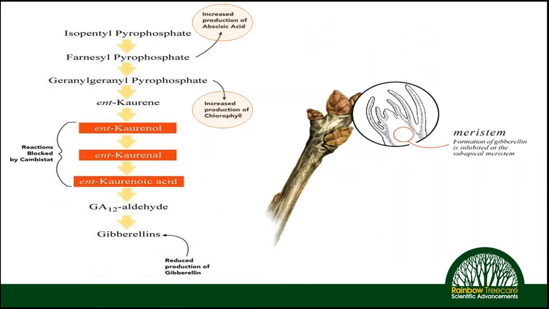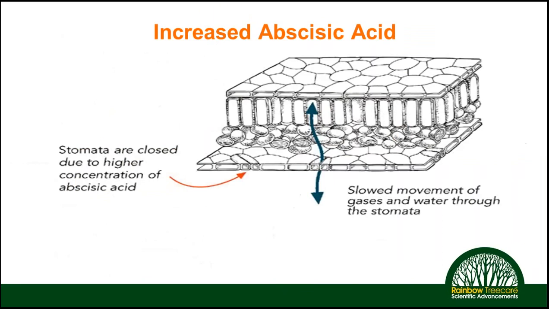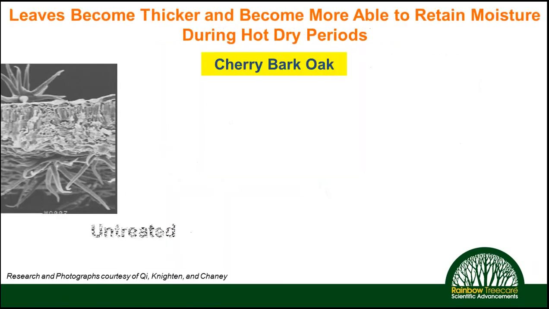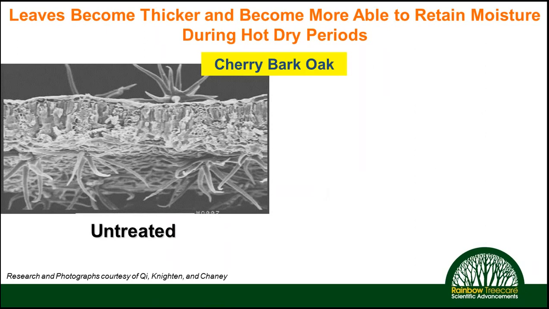Drought stress. One thing that abscisic acid does, it will actually close those stomates due to that higher level of abscisic acid. So what we're trying to do is slow down the transpiration loss out of that tree, especially during a drought stress period. One thing it also does, it increases the thickness of the leaves.